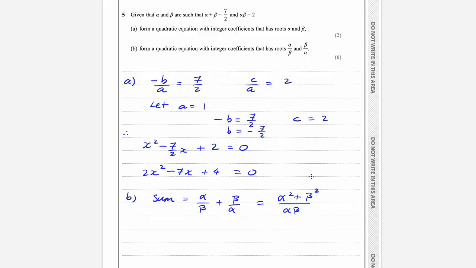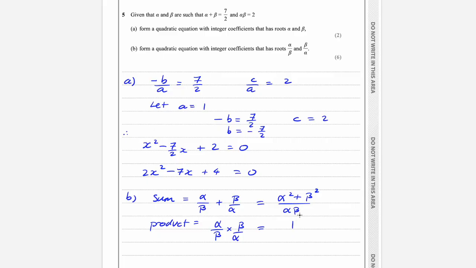Okay, so the sum is this, and the product, let's do the product. The product is alpha over beta times beta over alpha, which is actually equal to 1, because those all cancel.